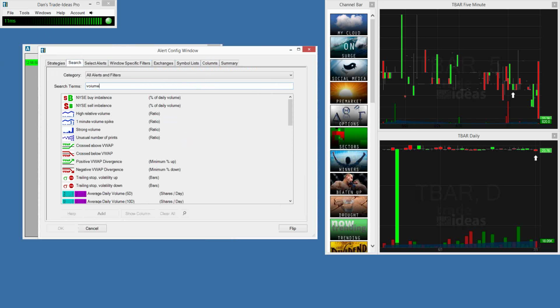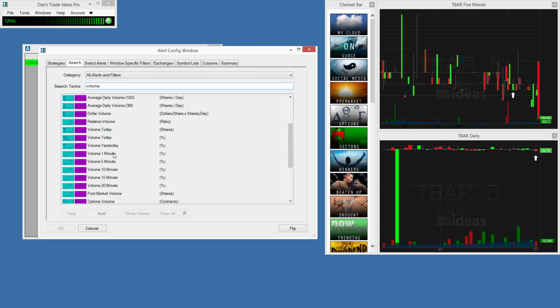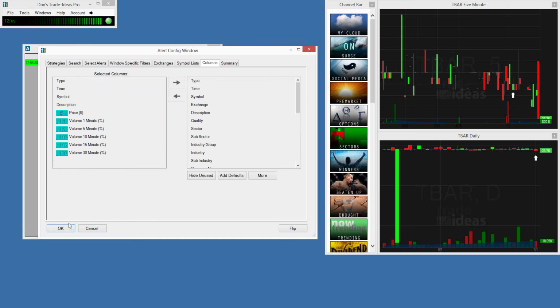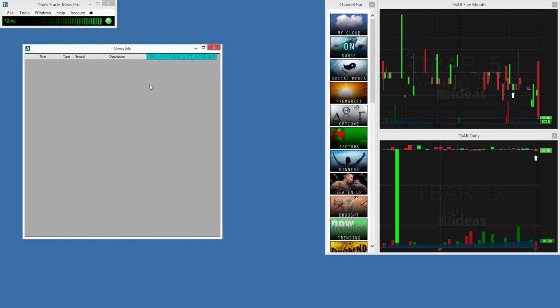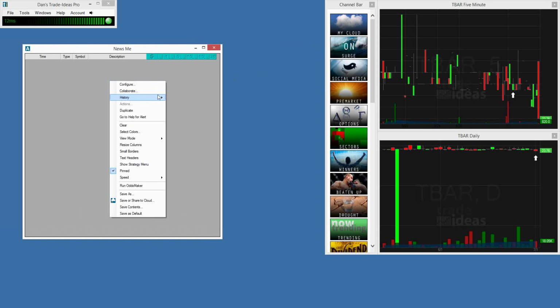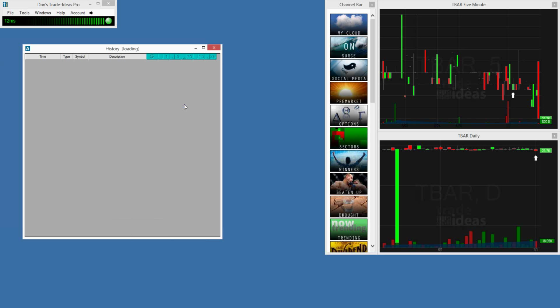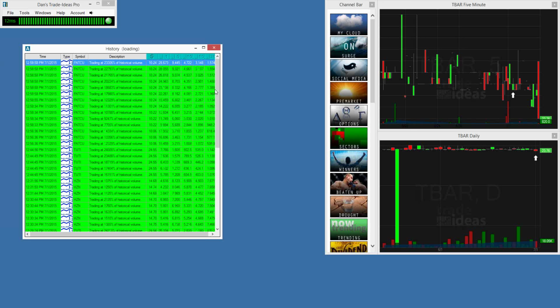So volume. This is the other way, which is kind of good for this lesson: you can take whatever it is that you have in here and show it as a column. Now you can see history, today, and let it load.